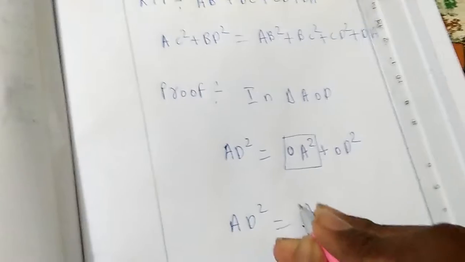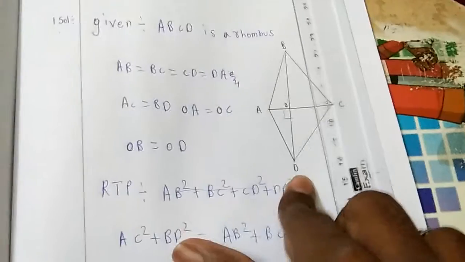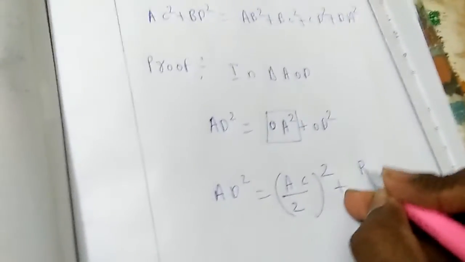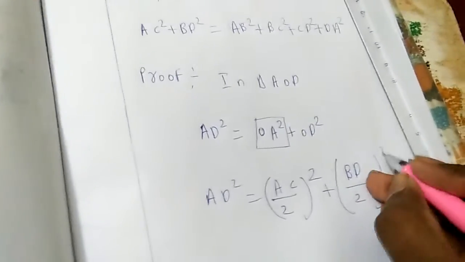Now it is half of AC, so AC by 2 whole square, plus OD. So where does OD lie? In BD. So half of BD for simple understanding, BD by 2 whole square.